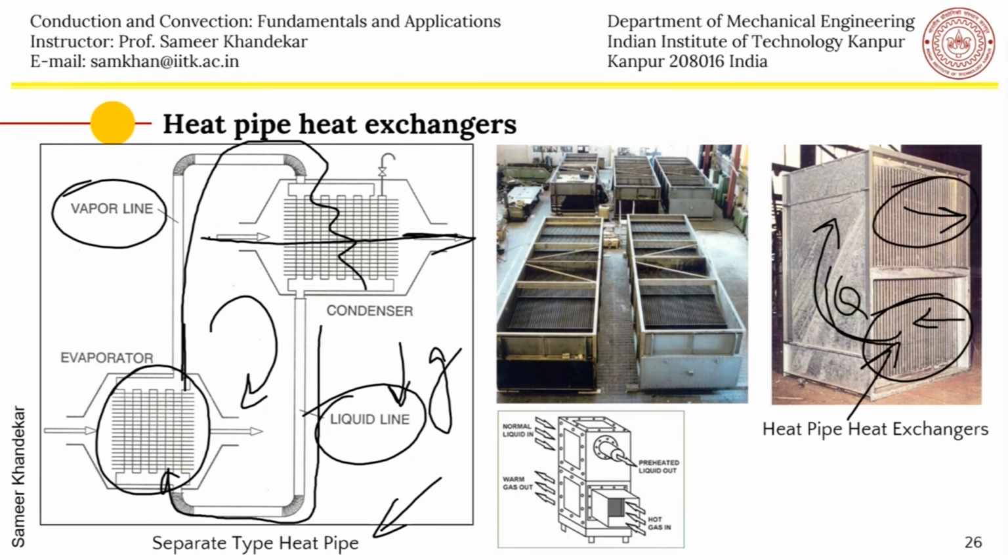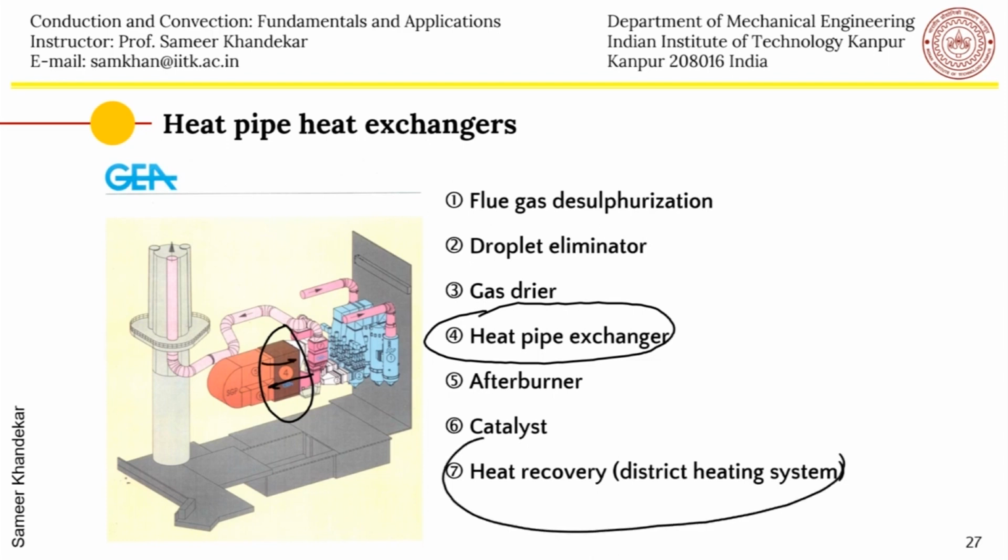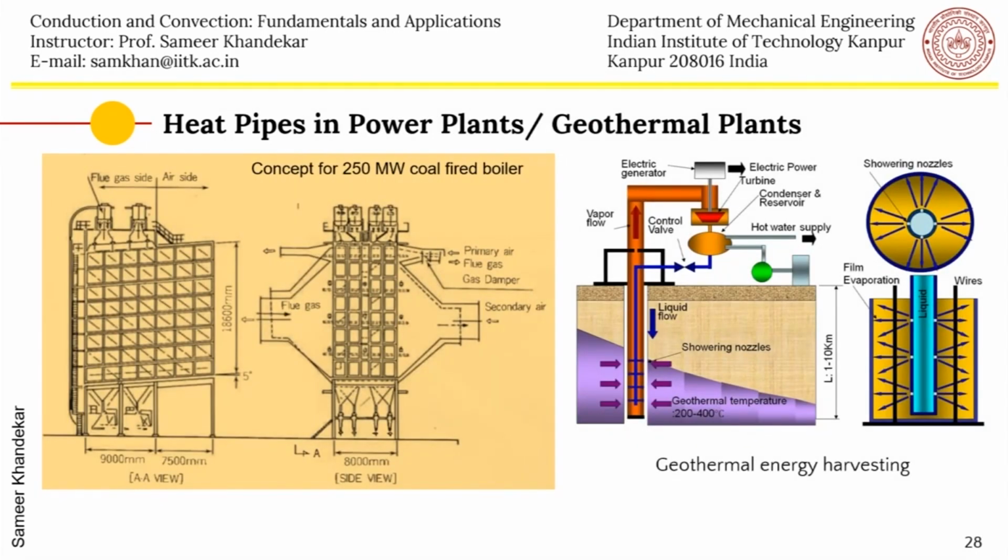Again, one can make large heat exchangers with heat pipes, wherein the enthalpy is taken out from the flue gas, and it is given to secondary air, which is used for the combustion application. One can also use heat pipes for geothermal energy harvesting, where heat pipes can be used effectively at various places to take out heat from within the earth, and bring that heat in the vapor form to run an electrical generator, for example.